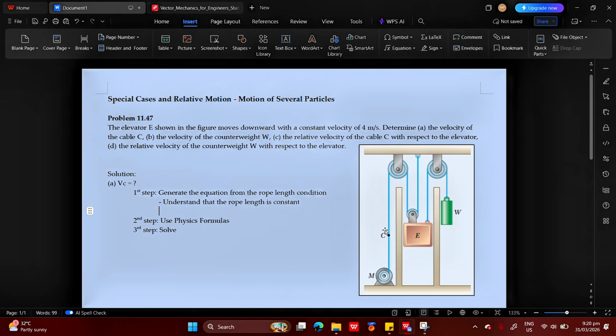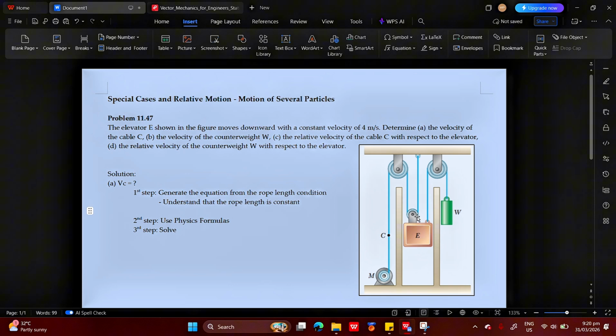This rope is in a shape like this, and you can notice the constant lengths. As you can see, the length of the rope around the pulley is constant. It will never change. You can actually ignore this in your computation.